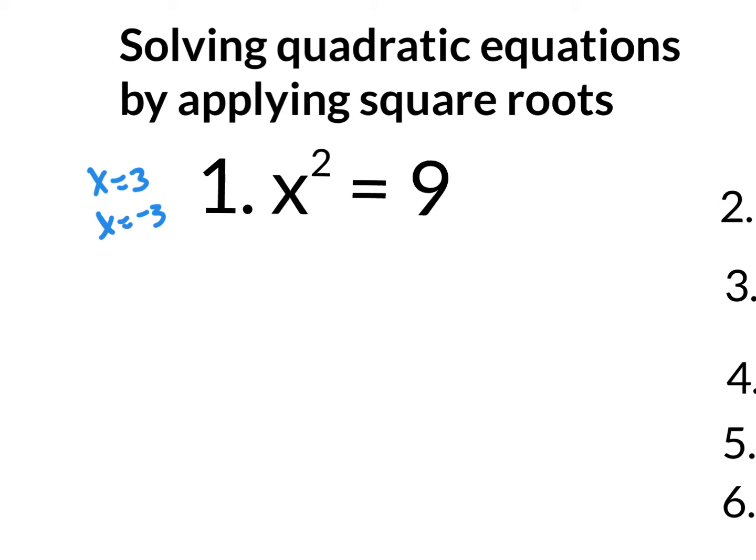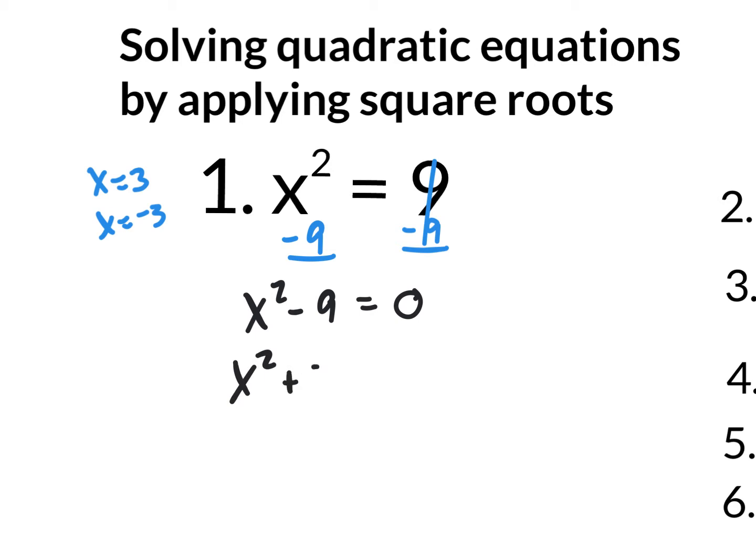Now, let's say you really wanted to use the quadratic formula. You could simply subtract 9, set it equal to 0, what you do to one side, you do to the other side, and rewrite it: x squared minus 9 equals 0. And to make it more visually appealing, we're going to rewrite it as x squared plus 0x, there is no bx term, but there is that c value, negative 9 equals 0.